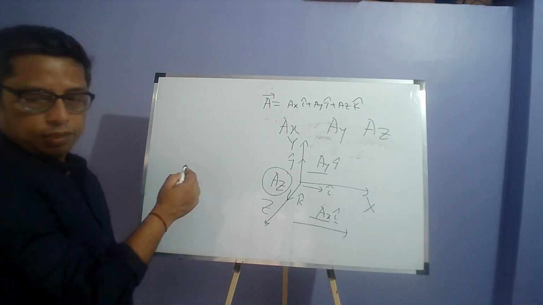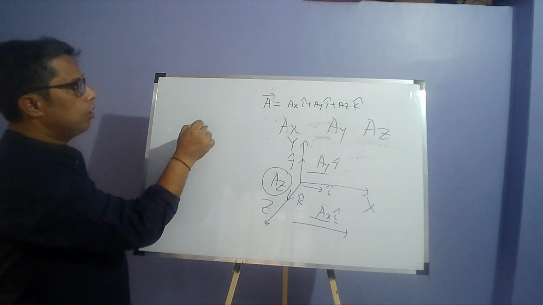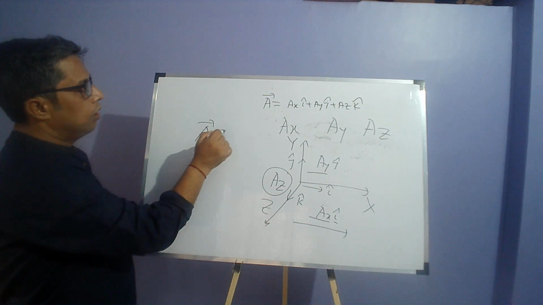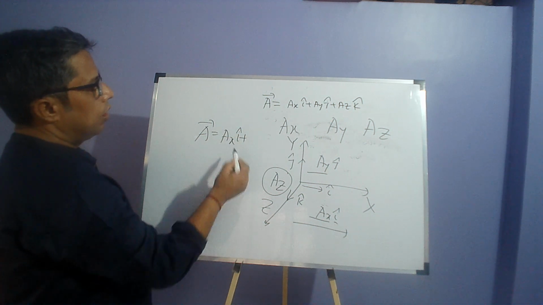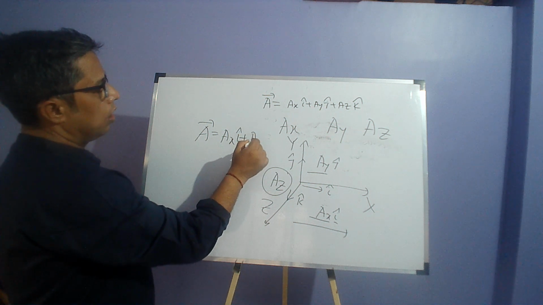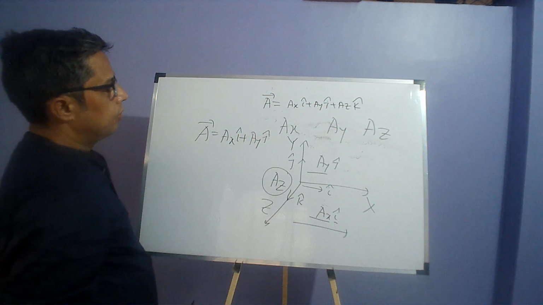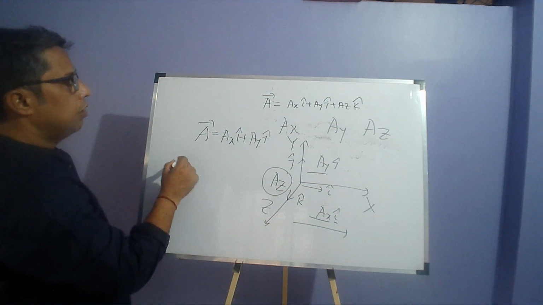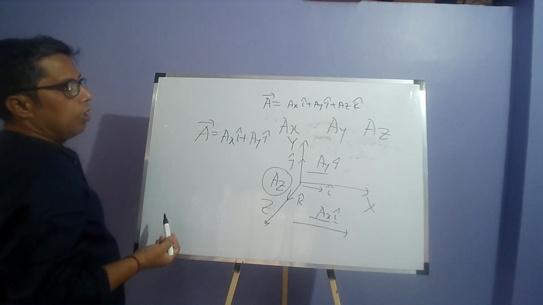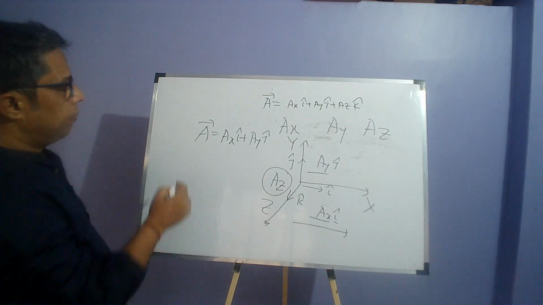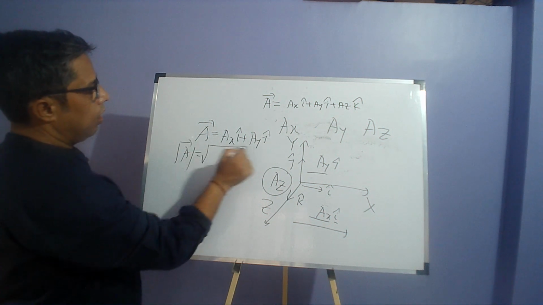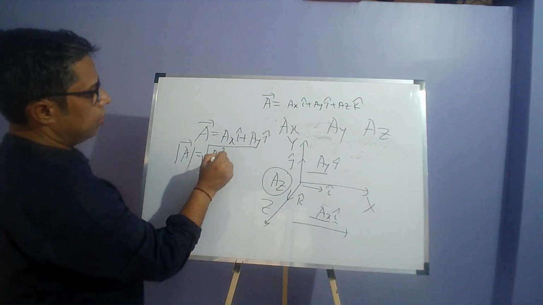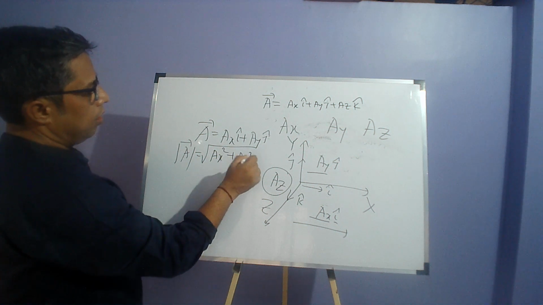Now if it's a two-dimensional vector, it will be A vector equal to ax i cap plus ay j cap. So this is a two-dimensional vector. Now what will be the magnitude of the vector? The magnitude of vector A is the square root of ax square plus ay square.